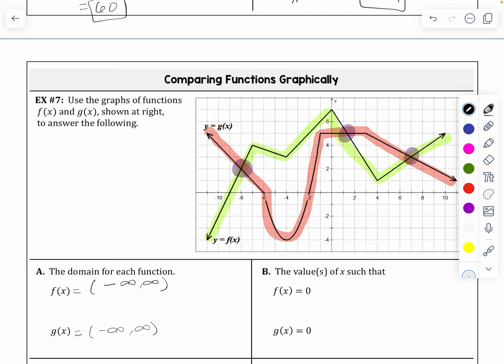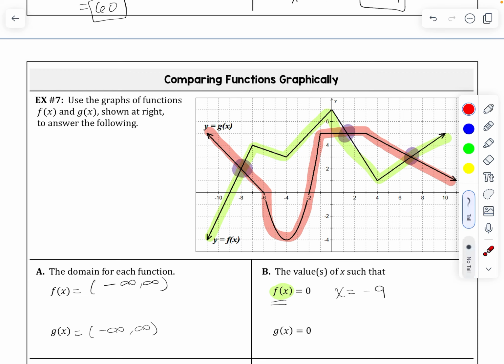Part B, the values of x such that f of x equals 0. So where is f of x? F of x is that neon green one, okay? If f of x equals 0, we want to know where it crosses the x-axis. I can see that it crosses right here, and that's at x equals negative 9.